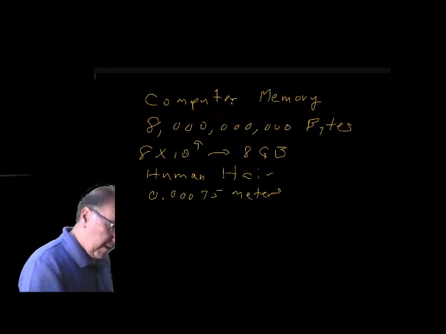We count back 1, 2, 3, 4, 5 places to the decimal point.